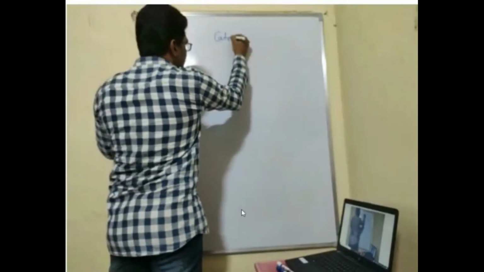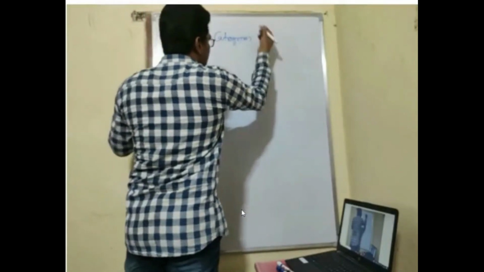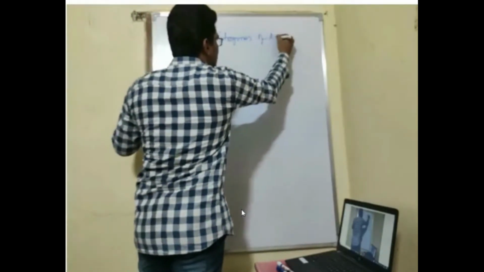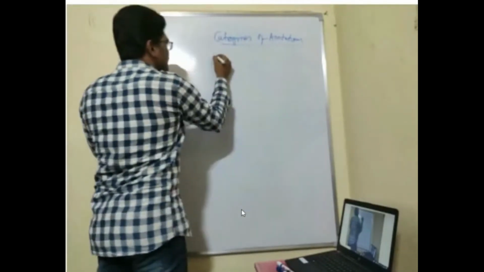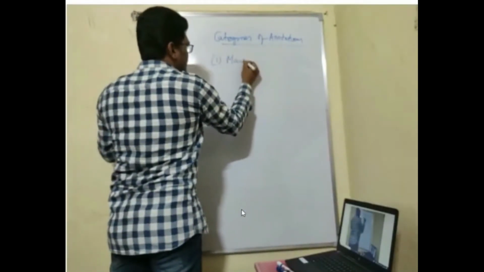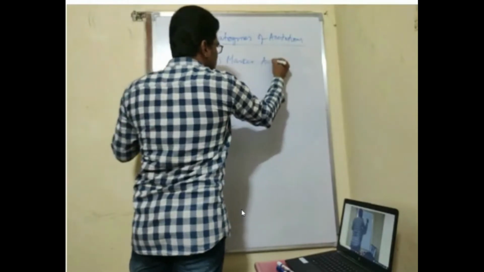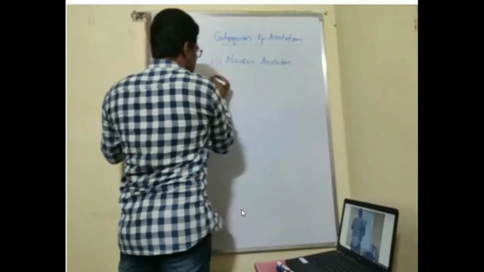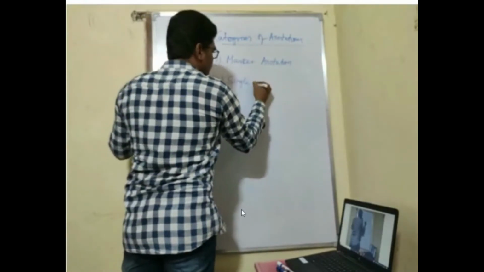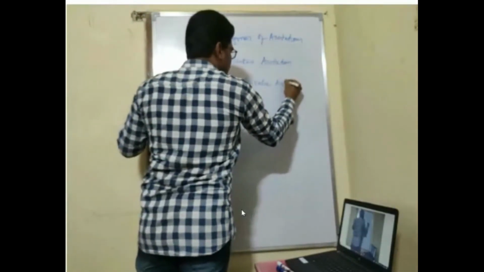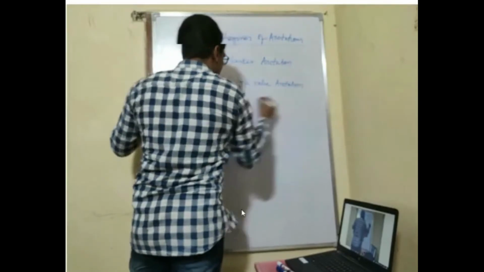Categories or types of annotations. First one, marker annotation. Second one, single value annotation.